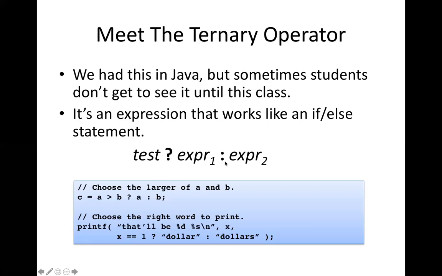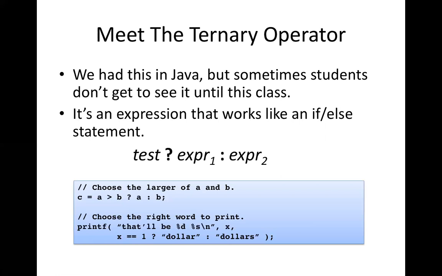It uses one of those two remaining expressions based on how this test goes. If the test evaluates to true, the compiler evaluates this first expression, and that's what the whole thing evaluates to. Otherwise, it evaluates the second expression, and the whole expression evaluates to whatever that second expression evaluates to.